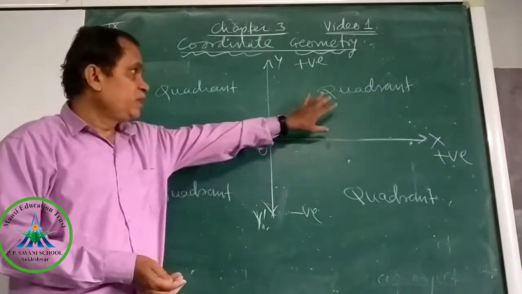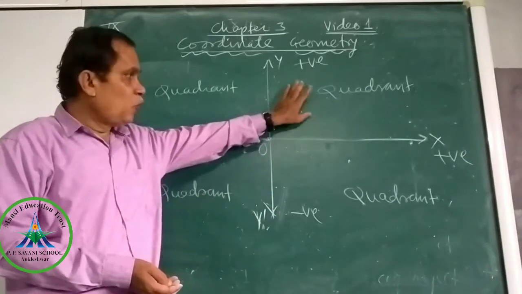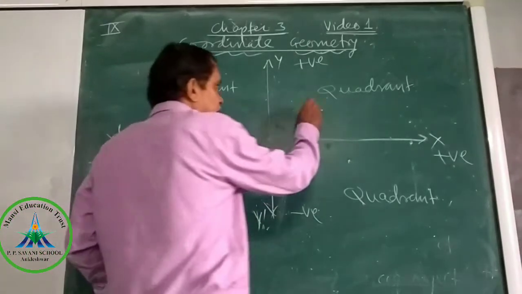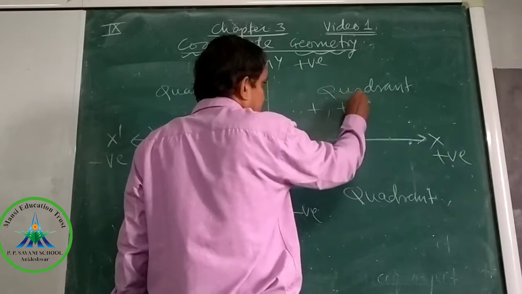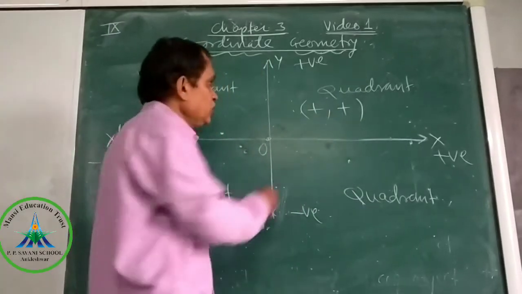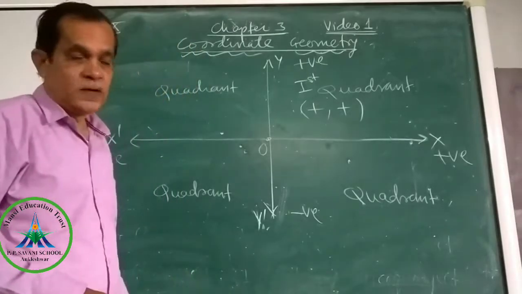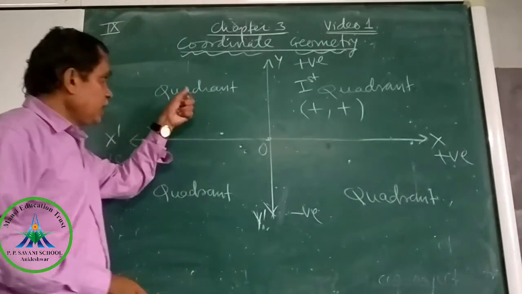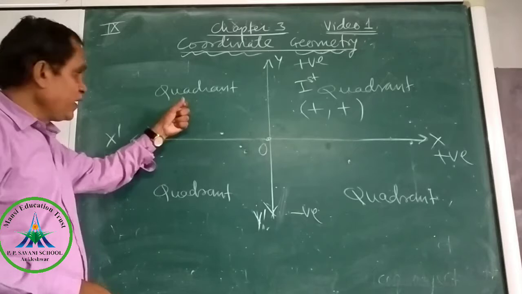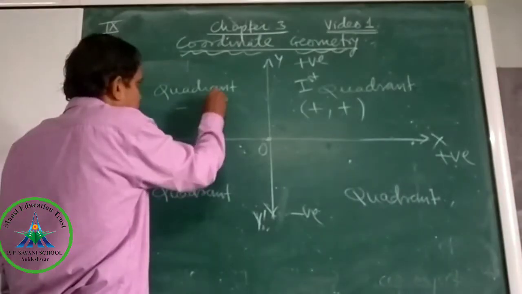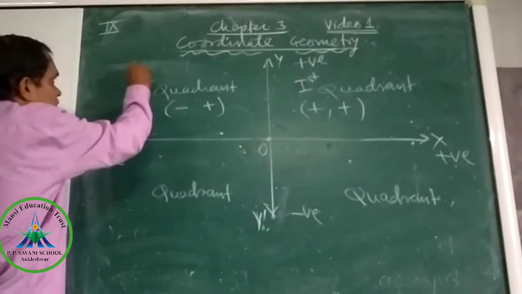Now see, in this quadrant, both x is positive, y is positive. So here both x coordinate, y coordinate are positive. So this is known as first quadrant. In this quadrant, x coordinate is negative, y coordinate is positive. Negative, positive. This is known as second quadrant.